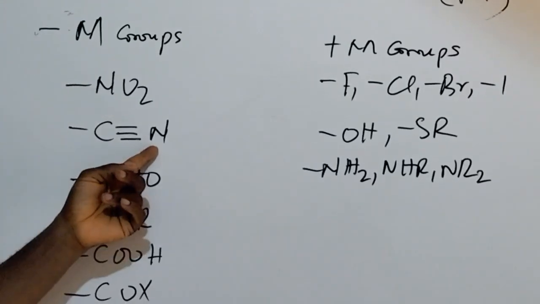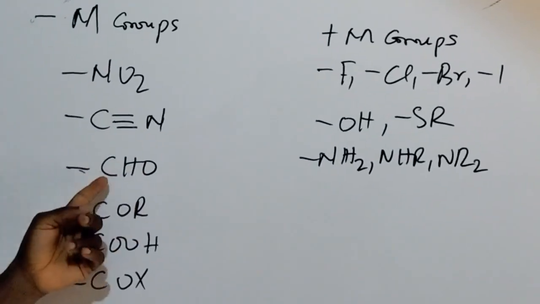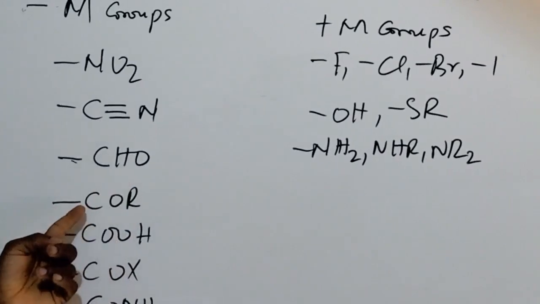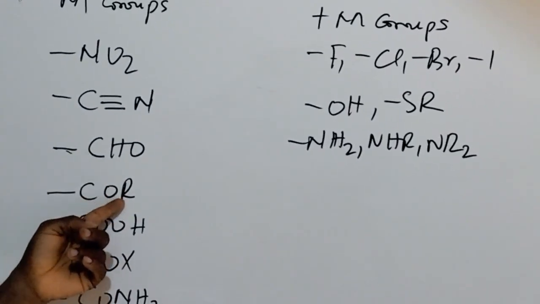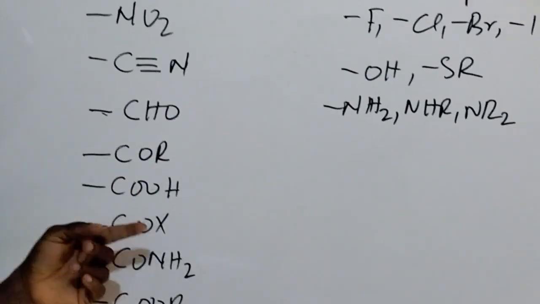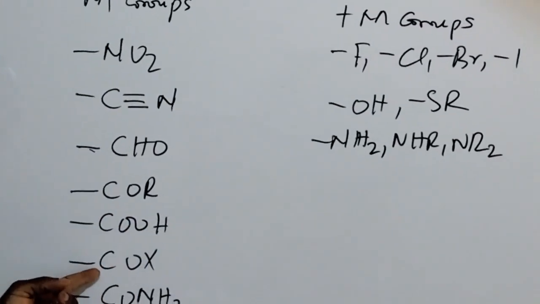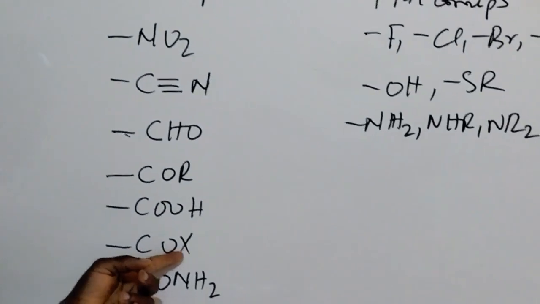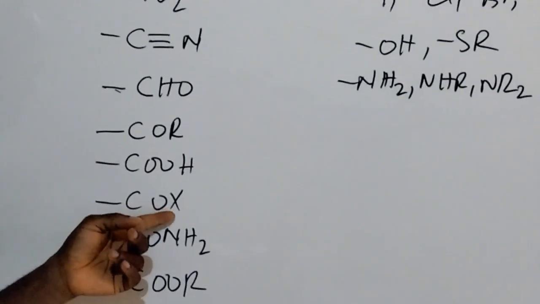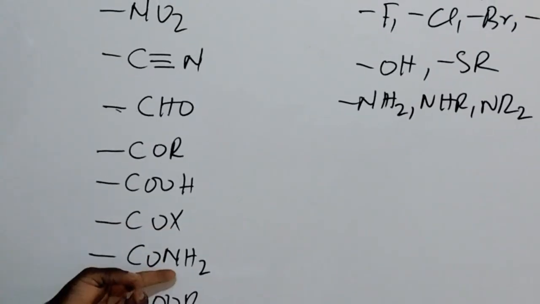So are the cyano group or nitrile group, the aldehyde group, the ester group, the carboxy group, the halo carbonyl group, and the amide group.